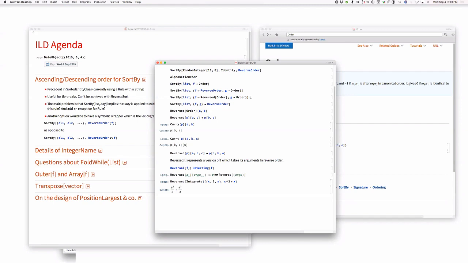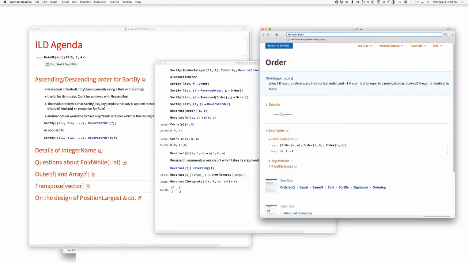Okay, so just to be clear, what happens to what we have for sorted entity class? Right now a function or property goes to a string that's ascending or descending, but the order idea doesn't really apply. We could support ascending and descending as equivalent to order and reverse order.